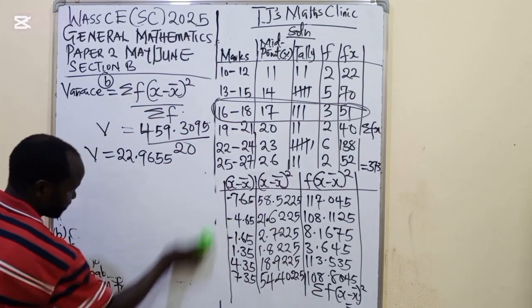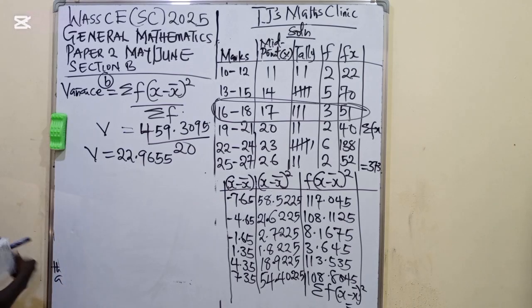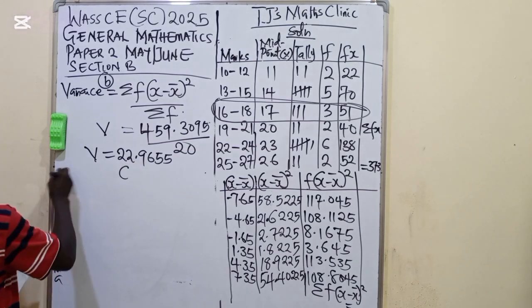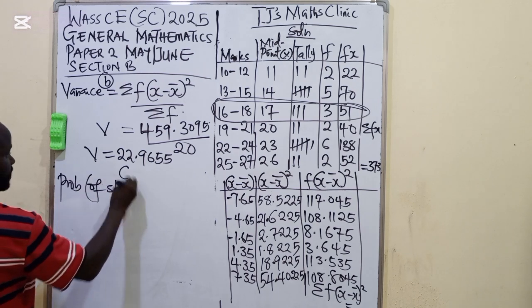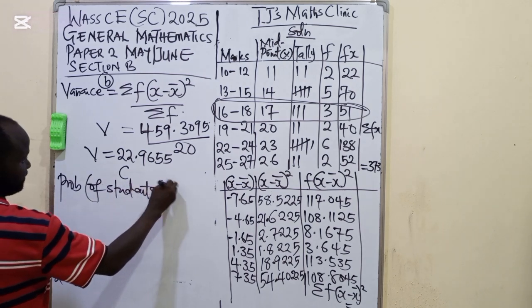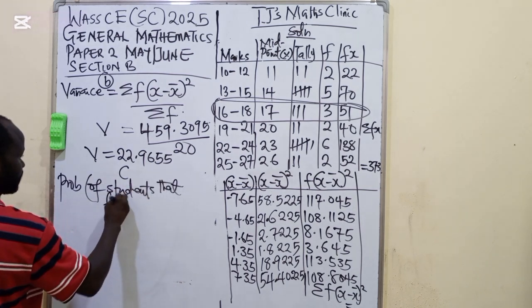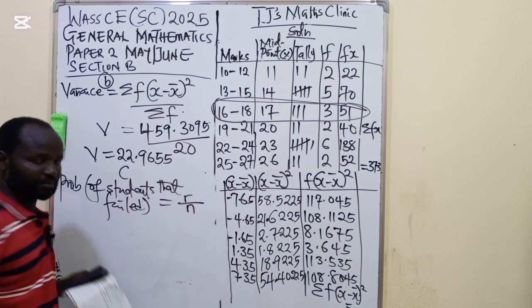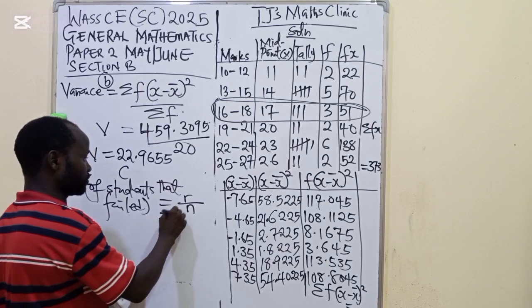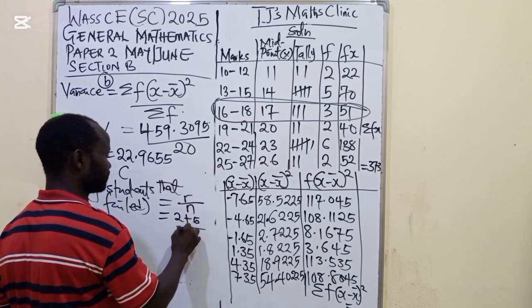The solution to C now is nothing but 7 divided by 20. The probability of students that failed will be, probability is number of required outcome divided by the total possible outcome. The required outcome now will be 2 plus 5 out of 20.